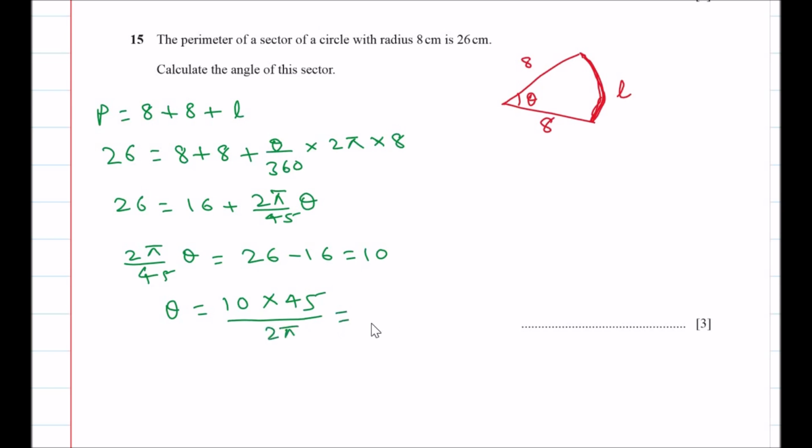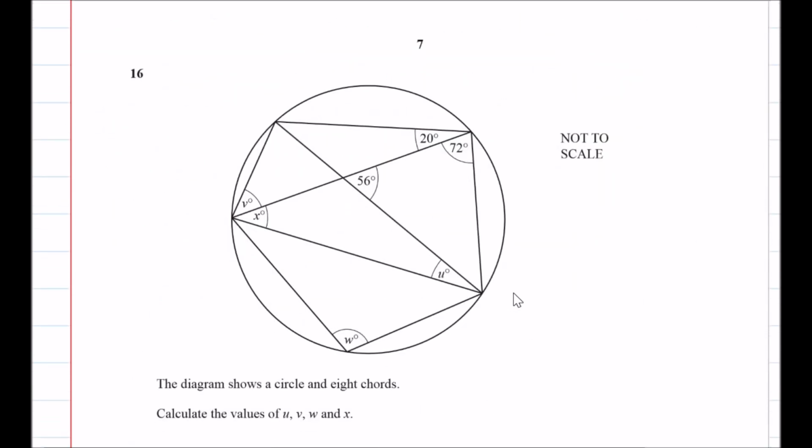And if you use the calculator to calculate this, we get 71.619 and so on. So we'll write in 3SF. So answer will be 71.6 degree. We need to write here unit degree because in the question degree is not given. 71.6 degree. Okay.